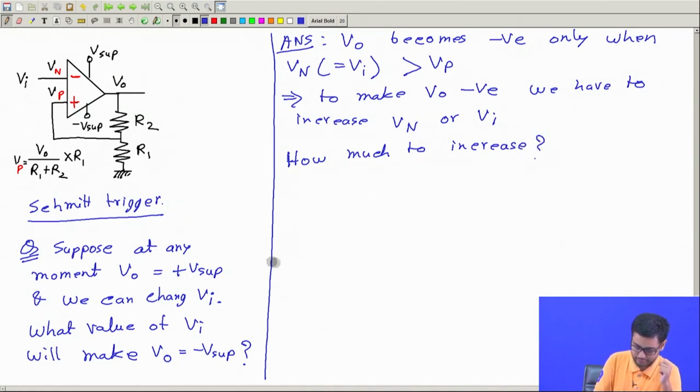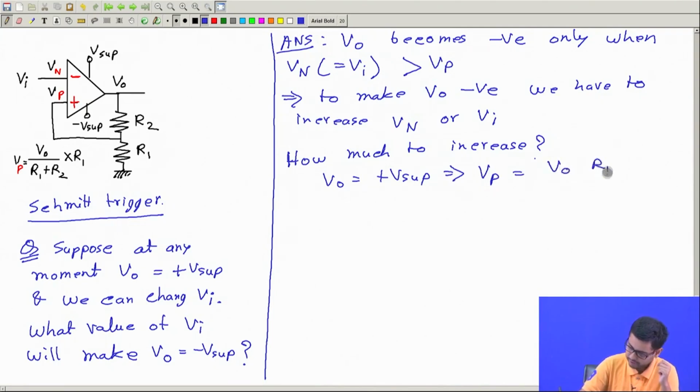The answer is as follows. So you just observe that VO equal to plus V supply. Therefore, this point is at a value V supply multiplied by this factor. So Vp, this value I can write Vp is equal to VO R1 by R1 plus R2. Now VO we know is equal to V supply. So here we write V supply, right? So this is Vp, and we have to make Vn higher than Vp.